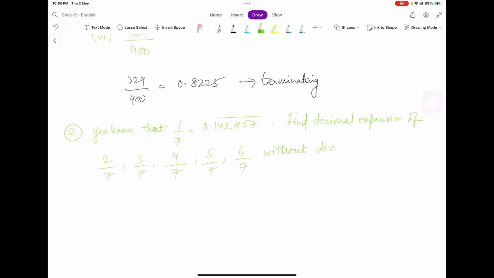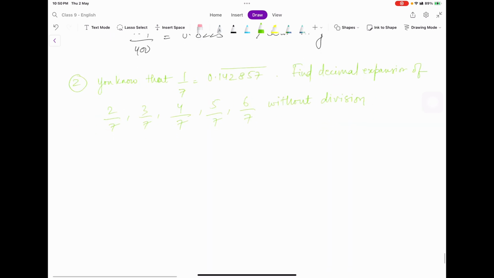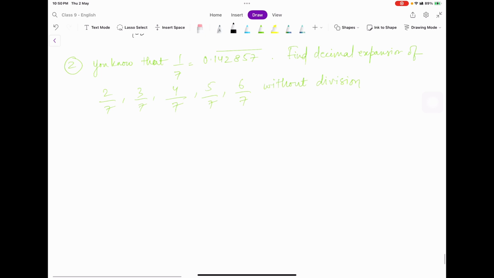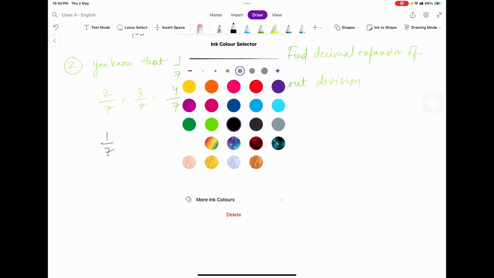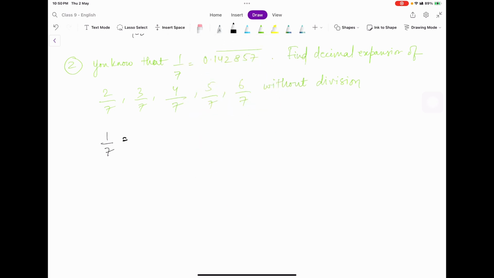So I have already told you before, in one of the examples, if 1 by 7 is 0.142857, then you can write 2 by 7 equals 2 into 1 by 7.